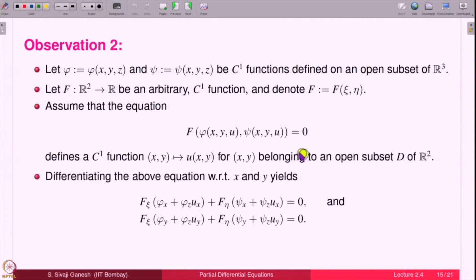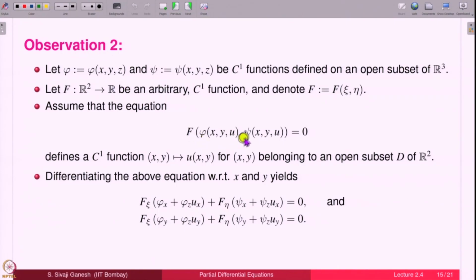Now, differentiate this equation with respect to x and y. If you differentiate with respect to x, x is present in both of them, therefore, differentiate f with respect to xi at this point (phi, psi), which are the arguments I have not written, then differentiate this with respect to x. Here x appears in the first coordinate and also in the third coordinate. So, differentiate phi with respect to x, which gives phi x, plus phi with respect to the third variable, which we have denoted by z.